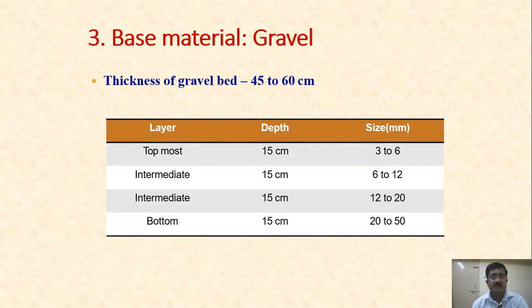Now what is the base material? It is gravel. Thickness of the gravel bed is generally 45 to 60 centimeter. If you see the breakup of this particular layer, the total depth is 60 centimeter, and the size keeps varying. The topmost layer of gravel is 15 centimeter, with gravel size 3 to 6 mm.